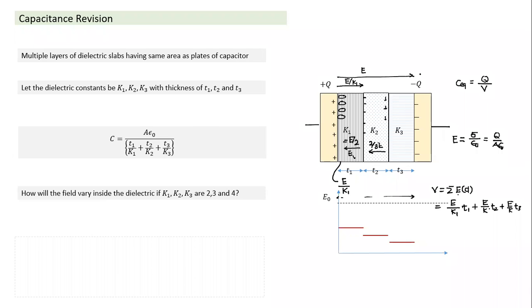Because the induced field is 3E by 4. And why 3E by 4? The induced charge is 3/4 of the charge Q. Here the induced charge on the two surfaces is 2/3 of Q. Here the induced charge is Q by 2. So see that all parts of this are understood. This example explains the behavior of a dielectric medium.